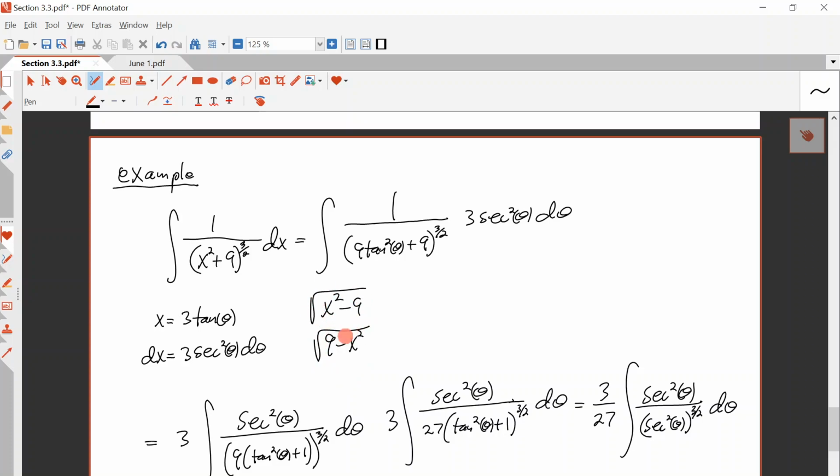Okay? In which case, you can make a trigonometric substitution. X squared plus 9, you let x equal 3 tangent theta. X squared minus 9, you let x equal 3 secant theta. And 9 minus x squared, you let x equal 3 sine theta.